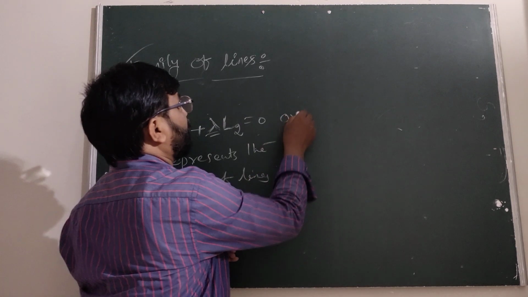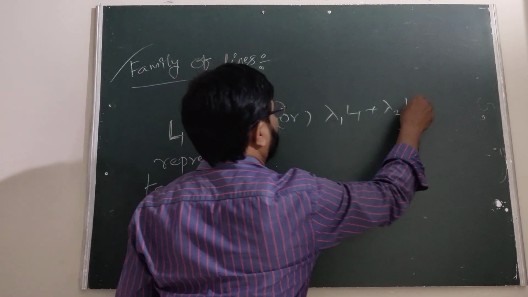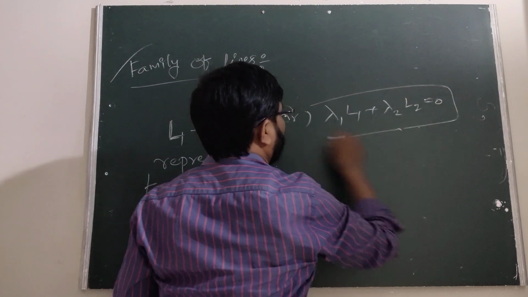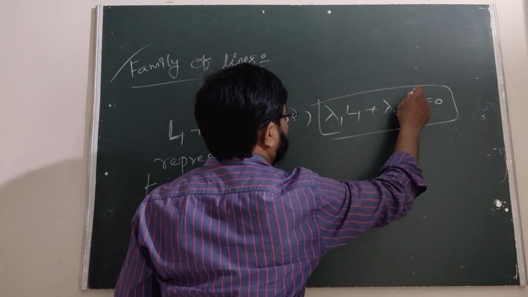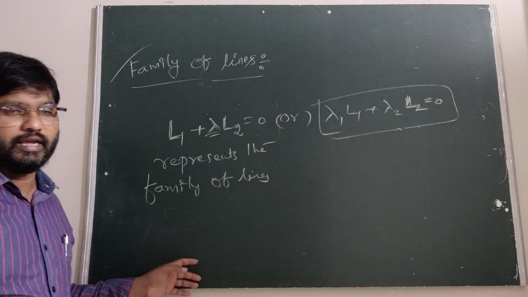This can also be written as lambda 1 L1 plus lambda 2 L2, which also represents the family of lines.